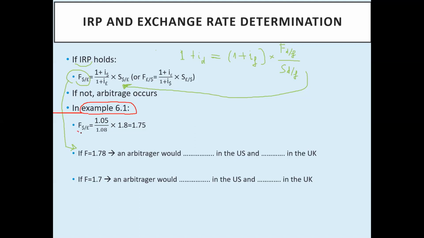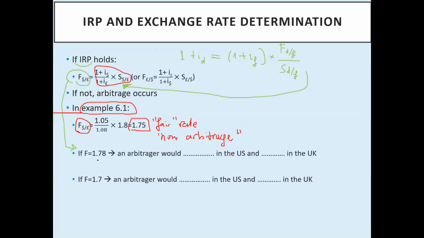Now if we compute the forward rate between the dollar and the pounds, we will find that the fair rate, or the non-arbitrage forward rate, should be 1.75, based on this equation over here, okay?